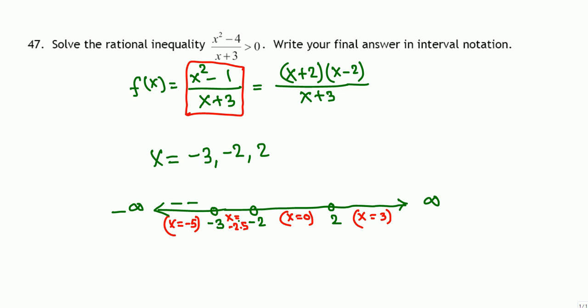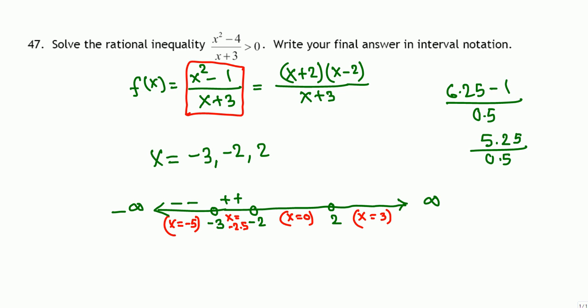Let's plug in -2.5. -2.5 squared, now I need a calculator, is 6.25, minus 1, over -2.5 plus 3, which is positive 0.5. 6.25 minus 1 is 5.25 over 0.5. Okay, this will be a number, but all we need is positive or negative. This is positive over positive, so this will be positive.